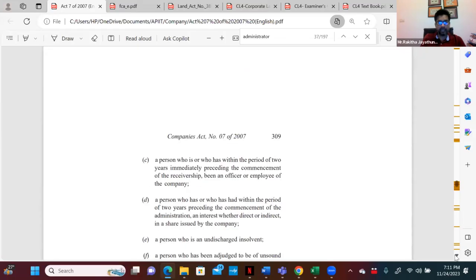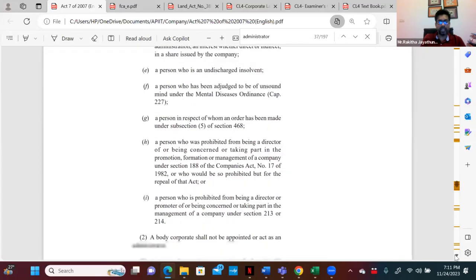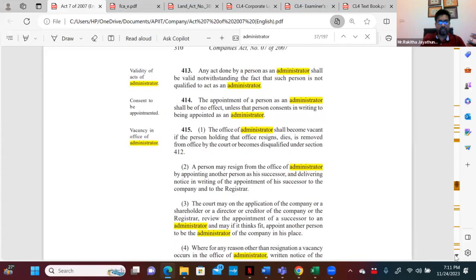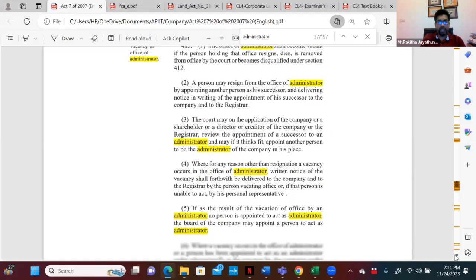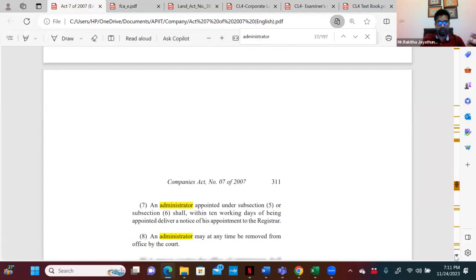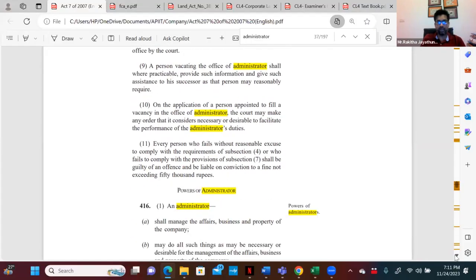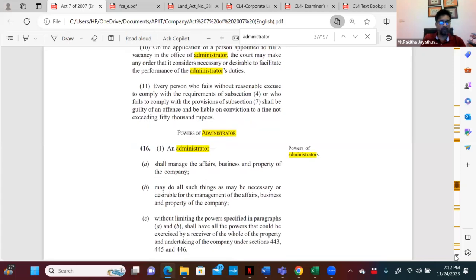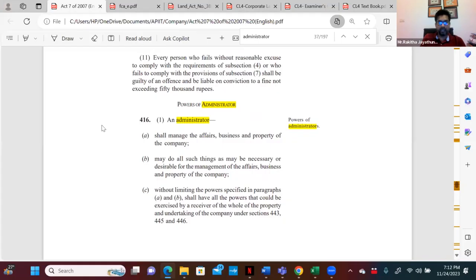And the examiner has said some students have spent time explaining the qualifications of the administrator. Any of those things are extremely irrelevant. So you should not waste your time. Now we come to the relevant part. Powers of an administrator. So here, the answer is here.